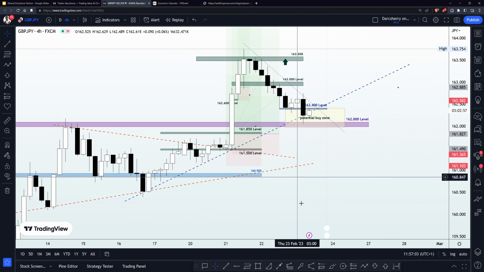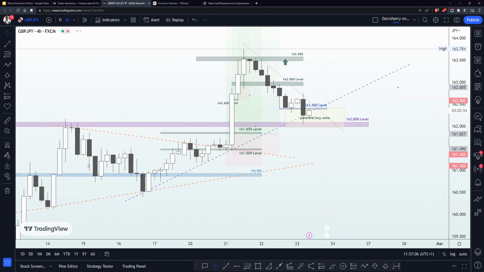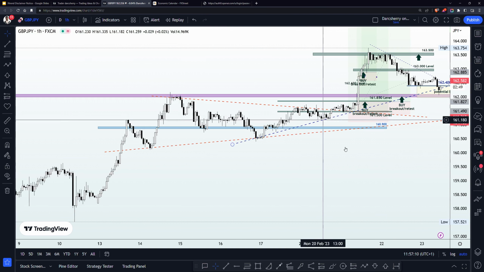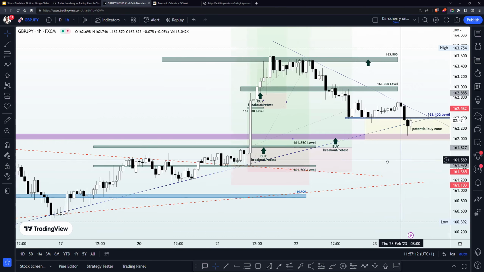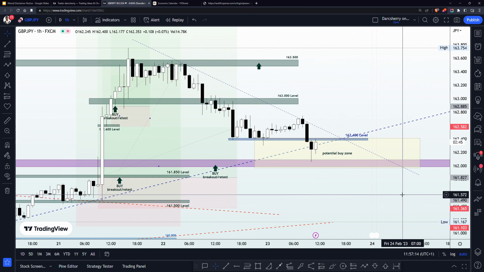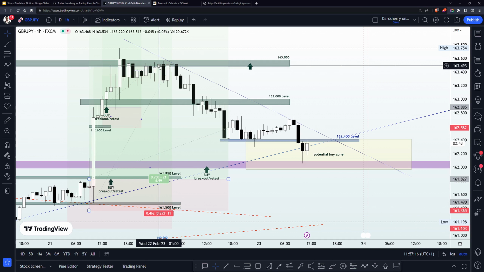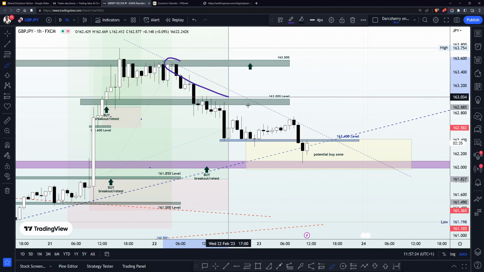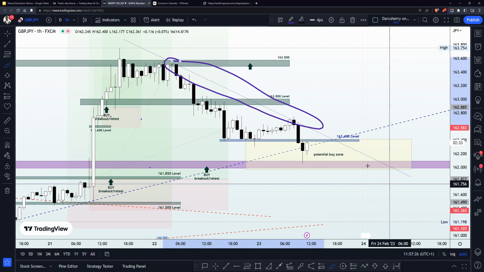So let's scale back down into the 1 hour time frame here, and I was able to identify a trend line also, which we can use to guide our trading activity for today. So if we look at what has been happening here since Tuesday, Wednesday of this week, you can see that I connected a series of lower highs here to give me this bearish trend line.